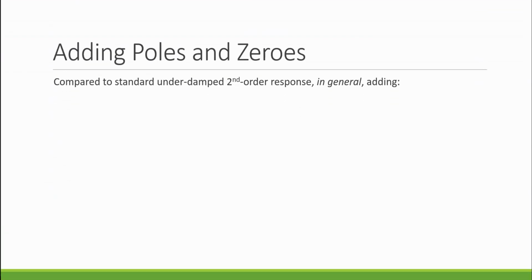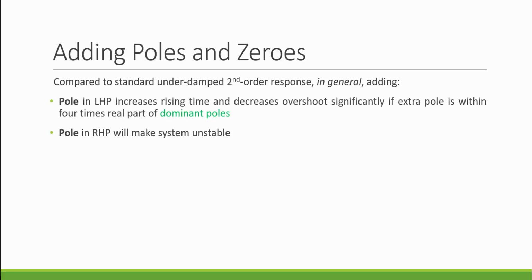All right, so first let's look at some general things that are going to happen in our second-order system. If we add an extra pole, making it a third-order system, it depends where that pole is located. If we have a pole in the left half plane, in addition to our 2 poles from our underdamped system, a third pole in the left half plane is going to increase the rising time and decrease the overshoot.